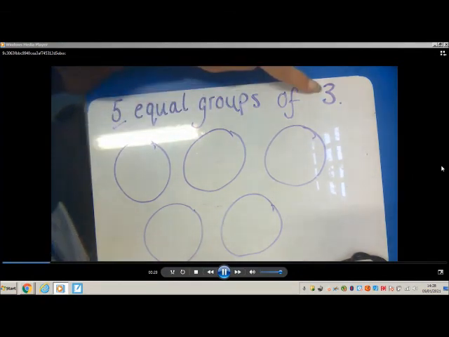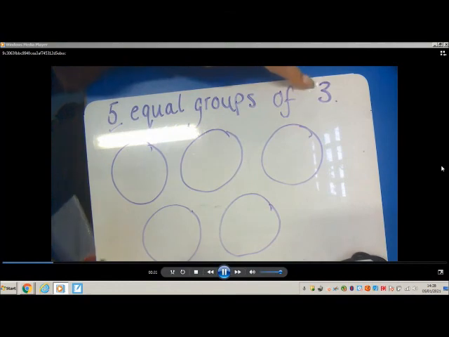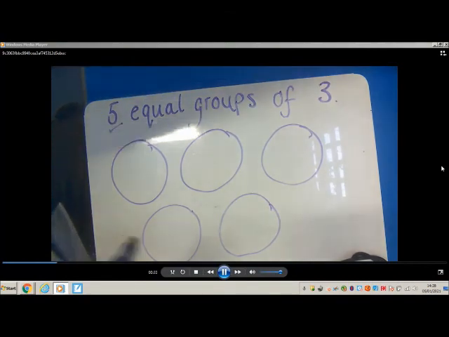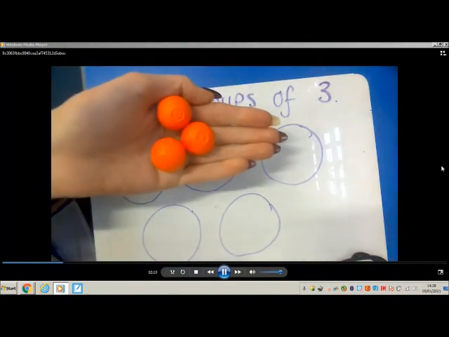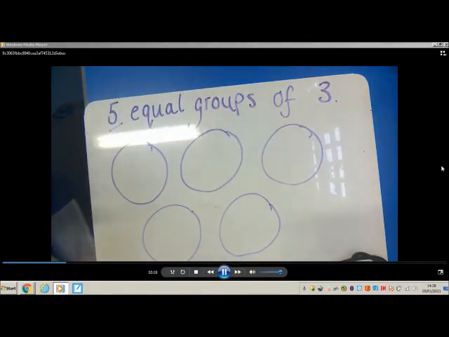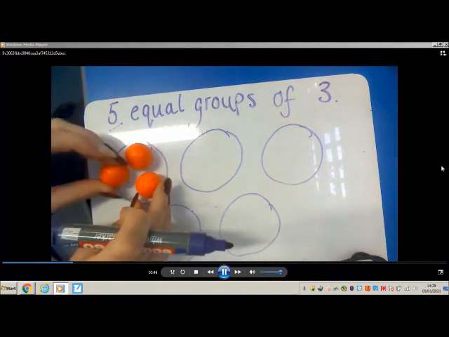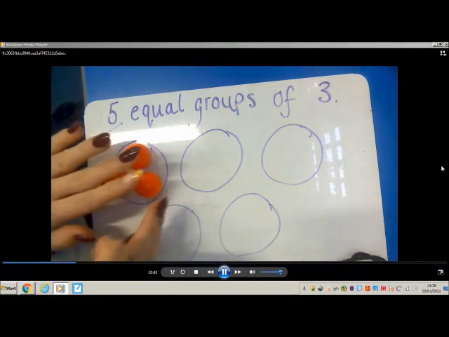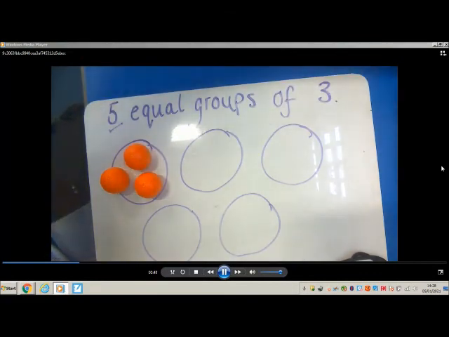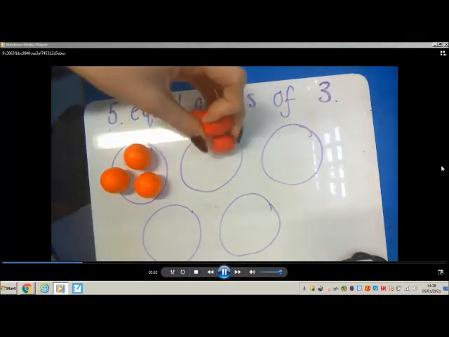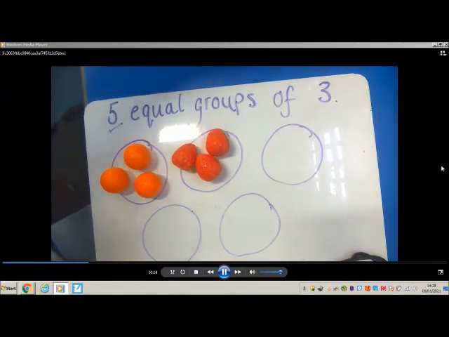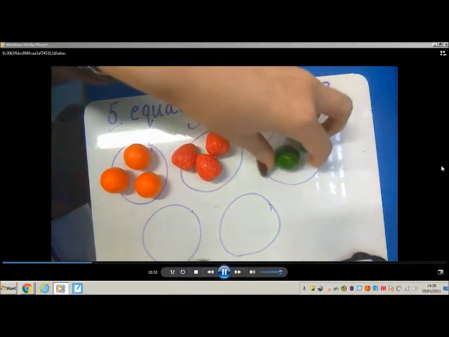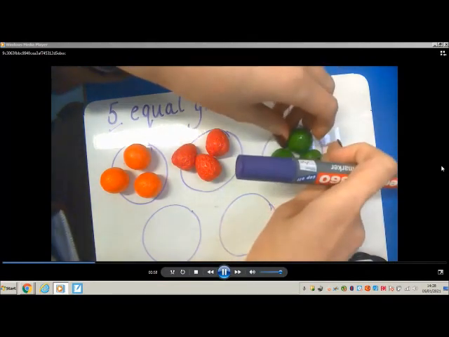I'm making 5 equal groups of 3. So 3 is how many objects I need to put inside my groups. I'm going to use these small bits of fruit, but you can use absolutely anything you'd like at home. 1, 2, 3. 1, 2, 3. 1, 2, 3.